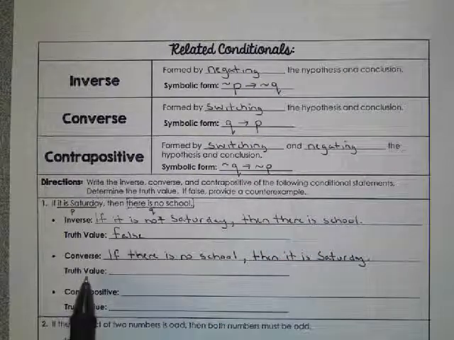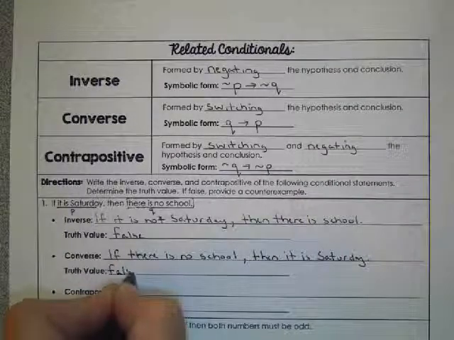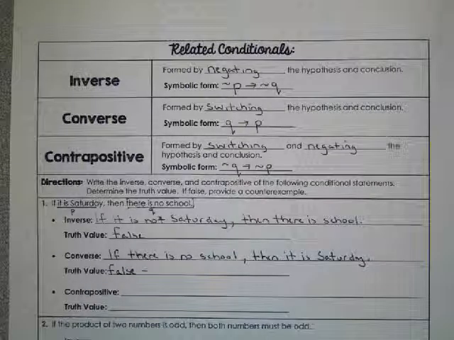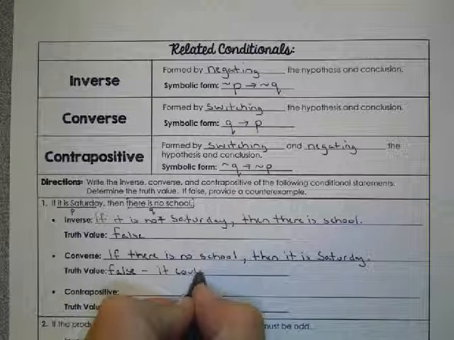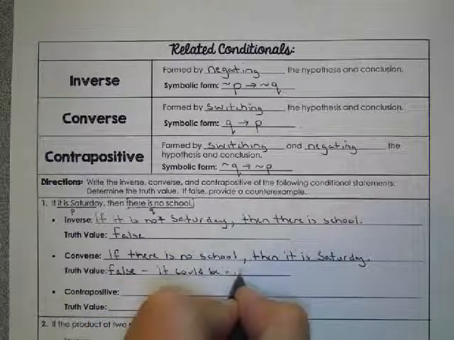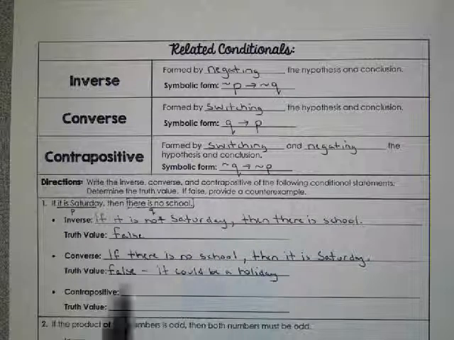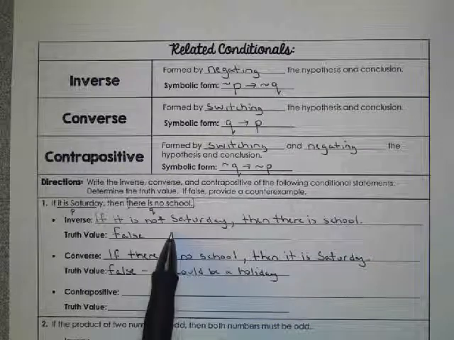Again, truth value, false, because I could come up with a counterexample. It could be a holiday. It could be Sunday. So if we go back up to this first one as well, we didn't give a counterexample. So false, it could be Sunday.